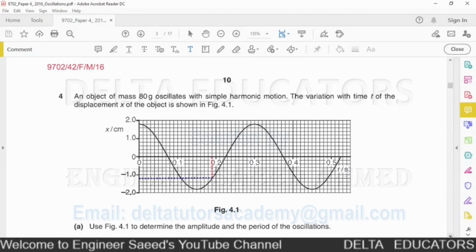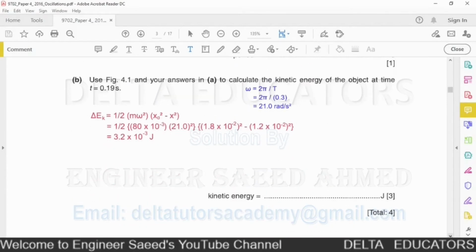Now to calculate the energy in the wave, we are going to use the formula delta Ek is equal to half m omega square (x naught square minus x square). Where this m is for mass, this omega is for angular frequency, this x naught is the amplitude at time t is equal to 0 second and this x is the amplitude at time t is equal to 0.19 second.